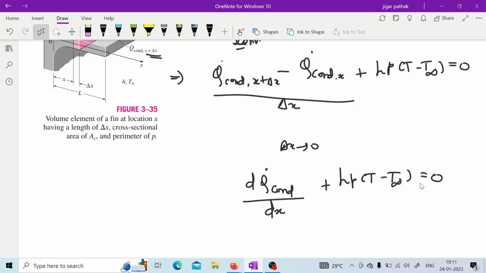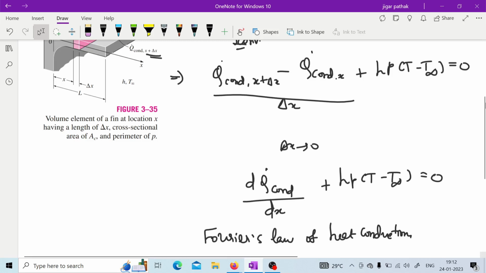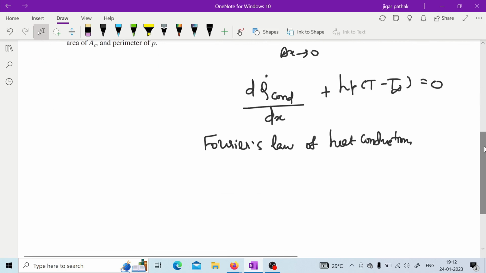So what is this conductive heat transfer along the fin? That can be derived from Fourier's law. What is Fourier's law of heat conduction? Can anyone tell? Q equal to minus k dT by dx. Right.